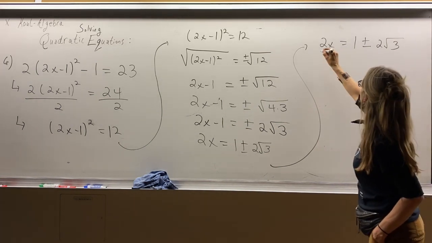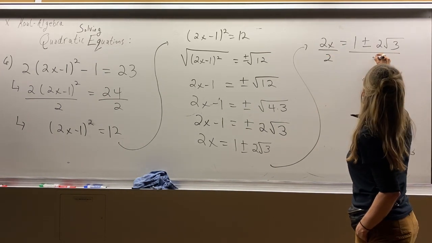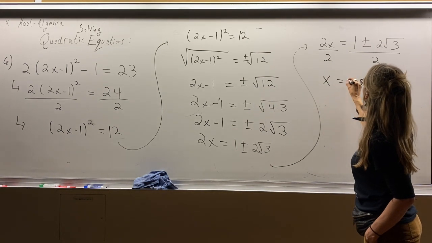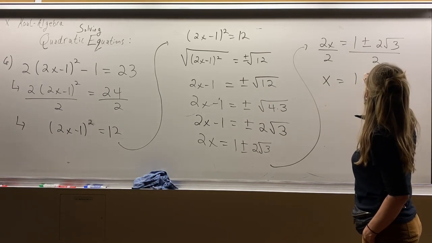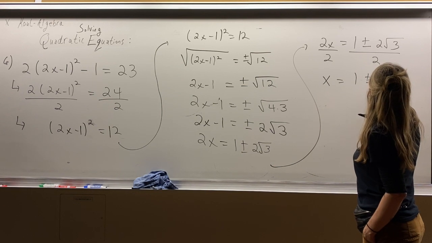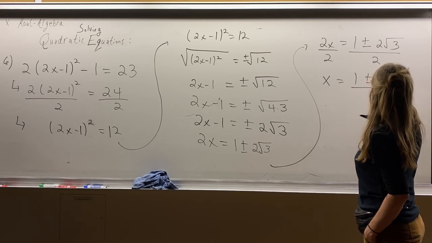My last step is to divide both sides by 2, so that my final solution is x equals 1 plus or minus 2 square roots of 3 over 2.